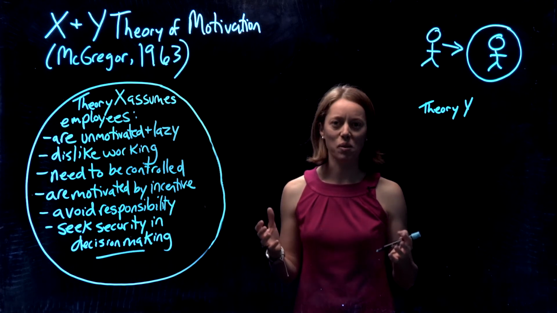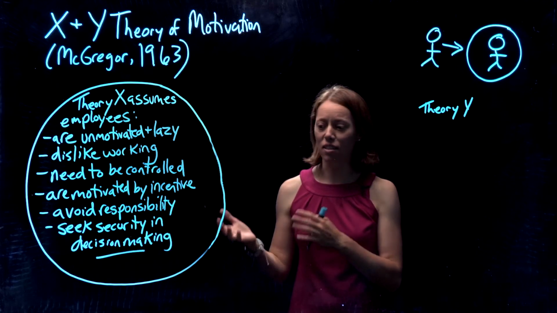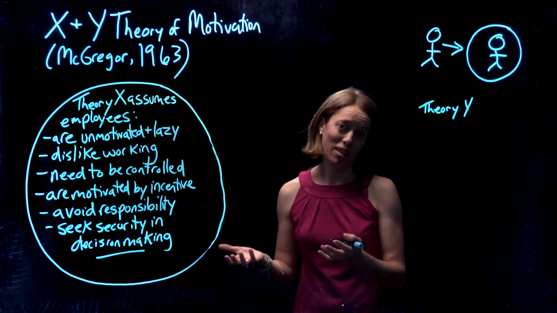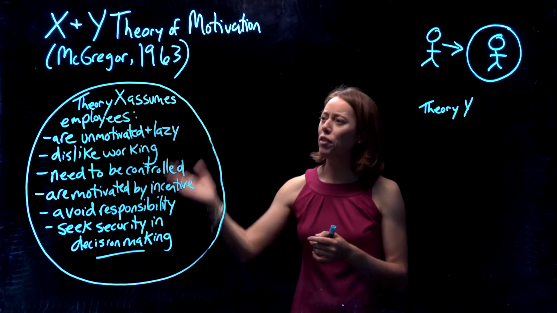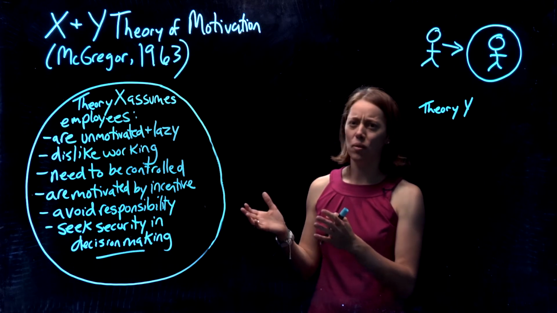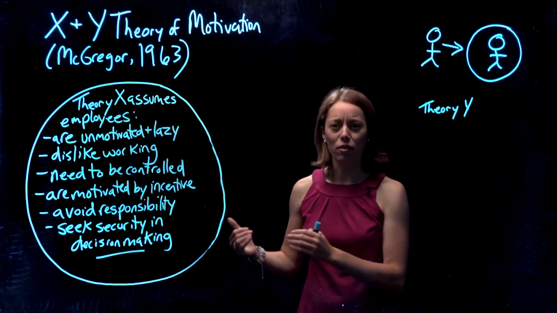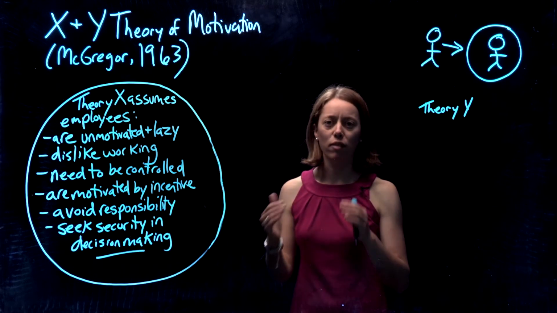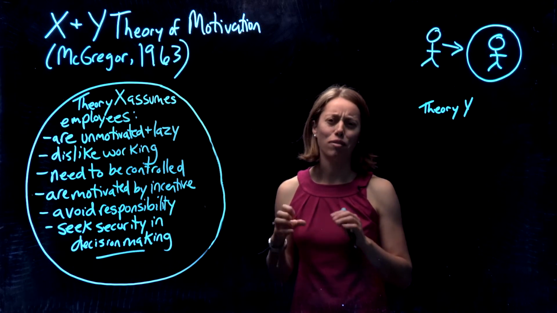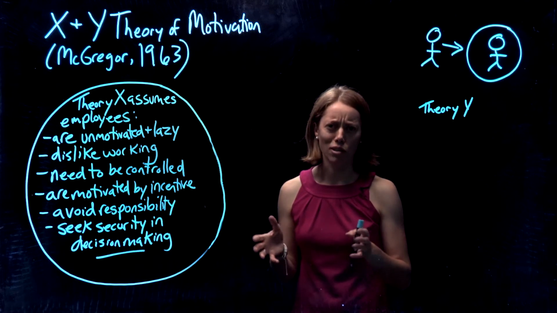It also assumes that employees seek security in decision-making. So if you look at all of these factors and assumptions, at the heart of this, you would have organizations that are very hierarchical, very rigid and controlling in nature.